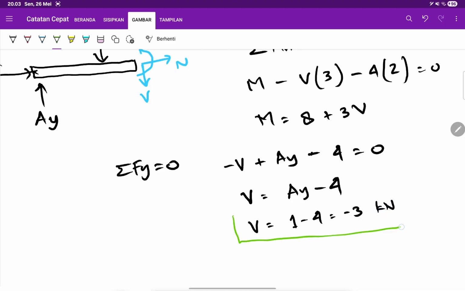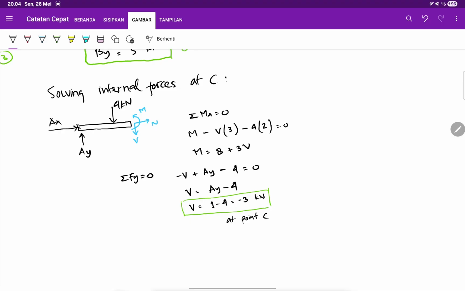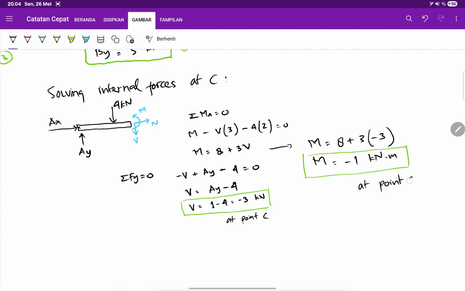That is V at point C. And then, since V is minus 3, your M will be 8 plus 3 times minus 3. So your M will be minus 1 kilonewton meter. All right, and that is the answer for the internal moment at point C.